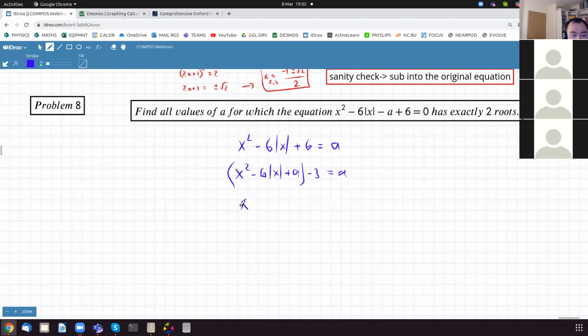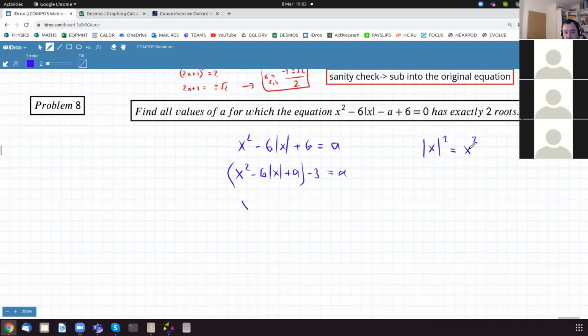And we know that modulus x, sorry. One important thing here is that modulus x squared is the same as x squared. You can check that for yourself, because this is a non-negative value and this is a non-negative value.